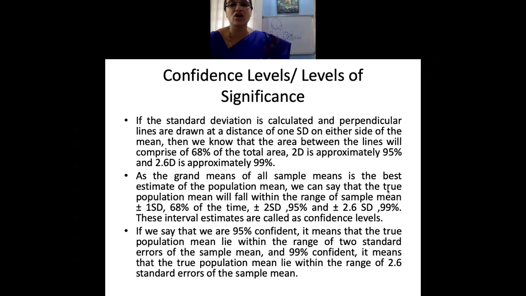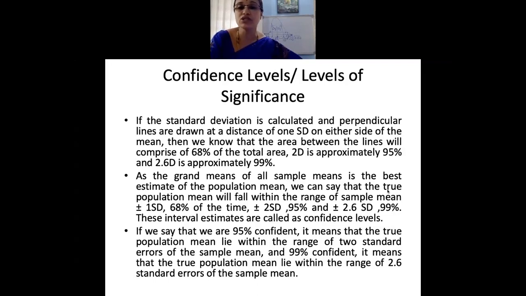Now these are called confidence levels or significance levels. So if I'm 95% confident, it means my means will fall in the range of minus 2 standard deviations to plus 2 standard deviations. We will have only a maximum of 2 standard deviations. If it's 2 standard deviations, my sample means will lie within this 95% area. Now this is very, very important for a researcher.